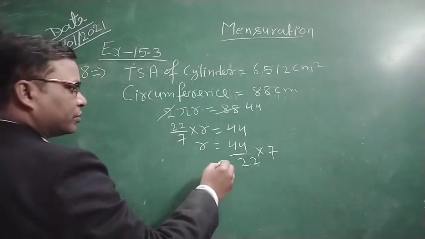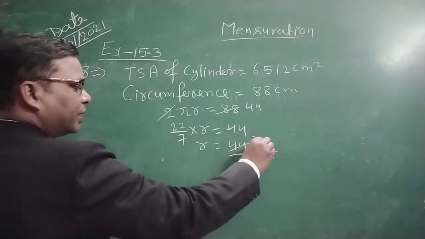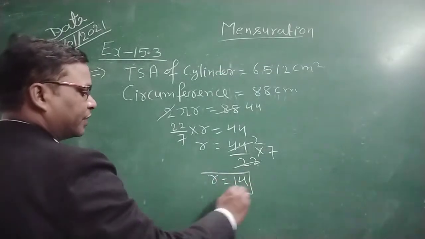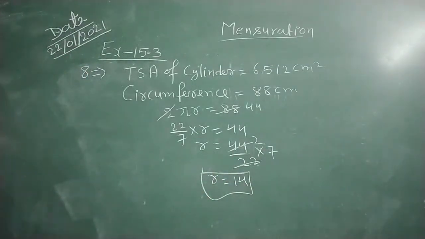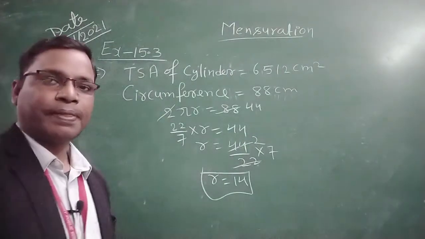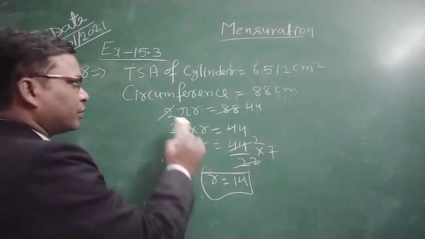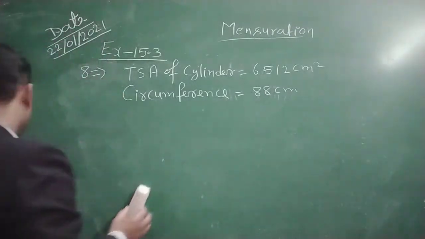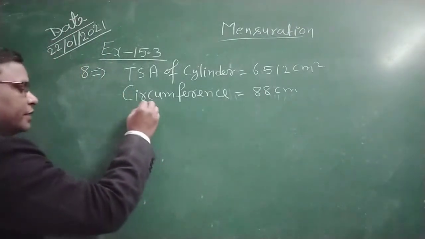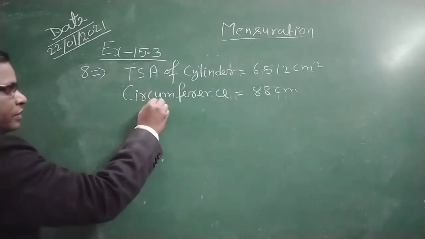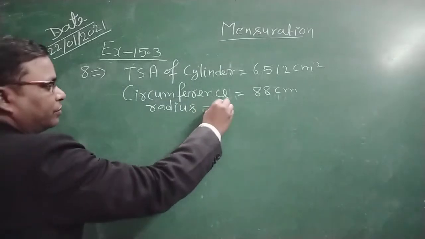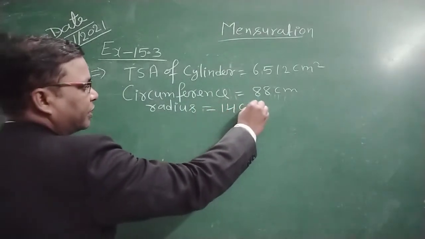Clear? So you can cancel it by 2, then you get r is equal to 14. This is clear? The radius of the cylinder is 14 centimeter.